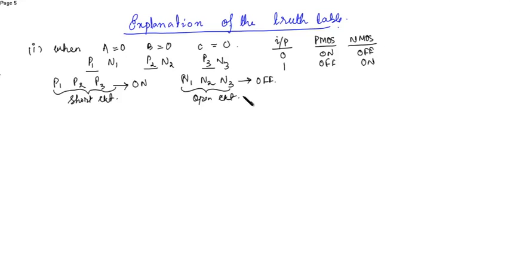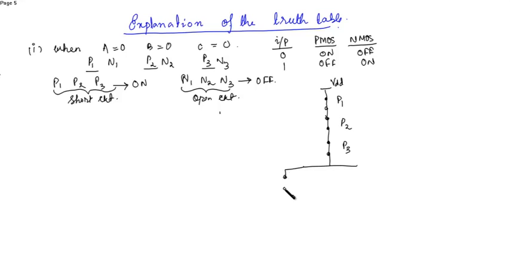Now P1, P2 and P3 turn on. This is P1, this is P2 and this is P3. This is VDD.